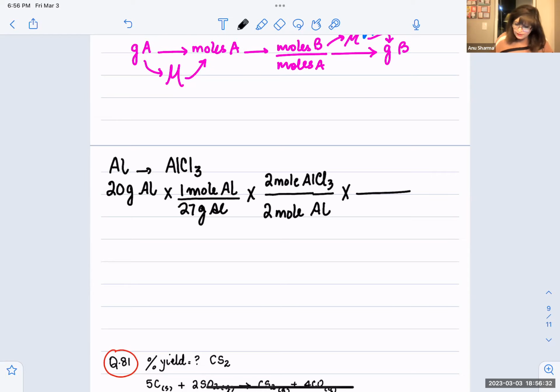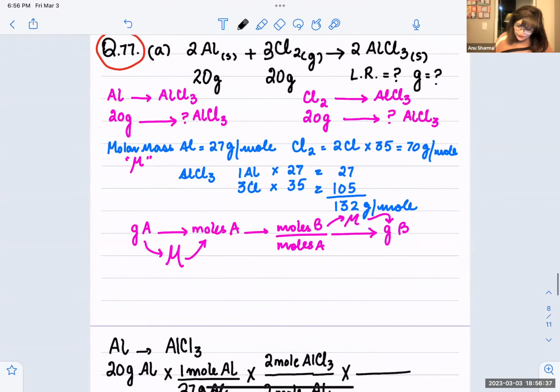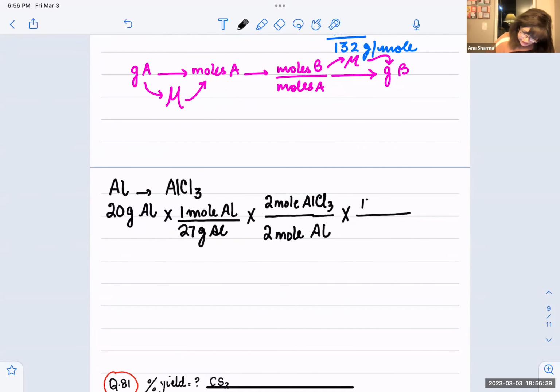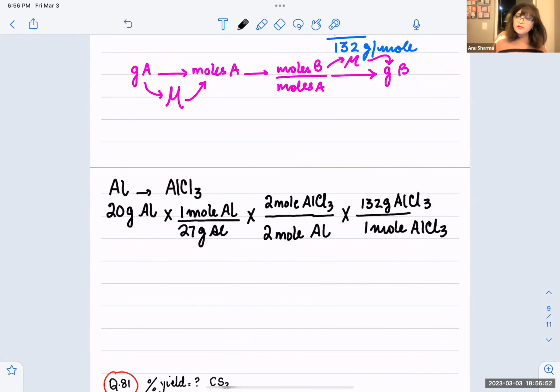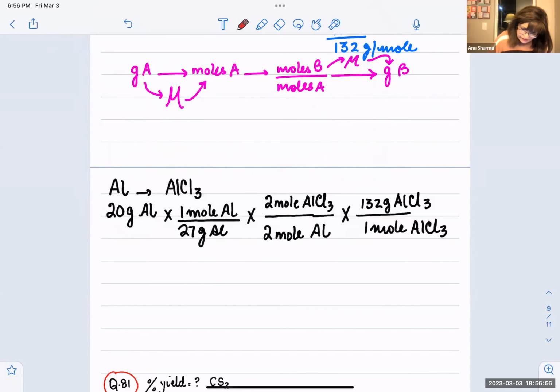I mean, you can stop here, but since we want to find the grams also, let's do that. 132 grams of AlCl3, and that 132 grams of AlCl3 is the molar mass over 1 mole of AlCl3. Okay, so that cancels out the grams of aluminum, moles of aluminum, moles of AlCl3, and you're just left with the grams.